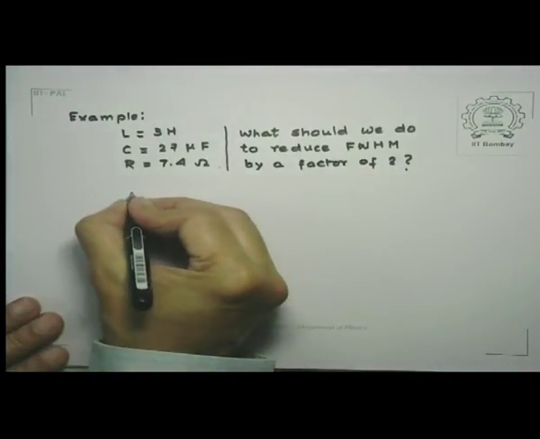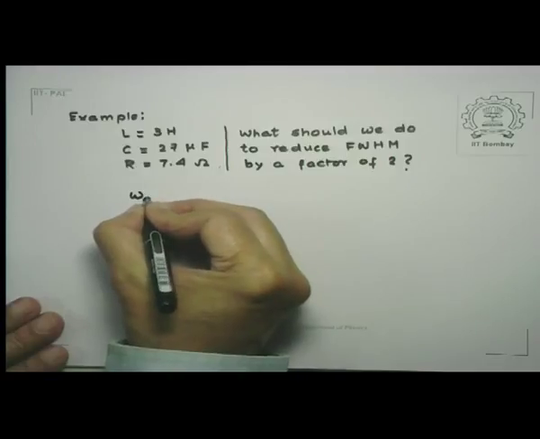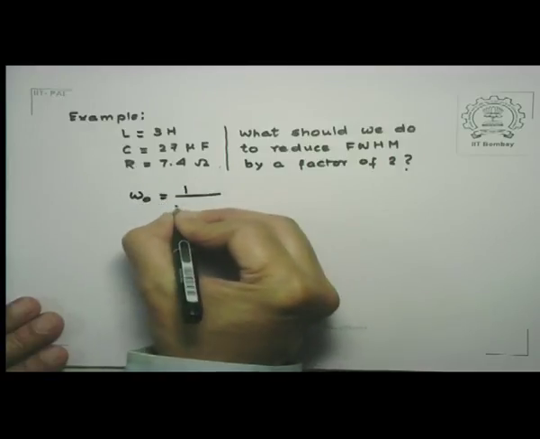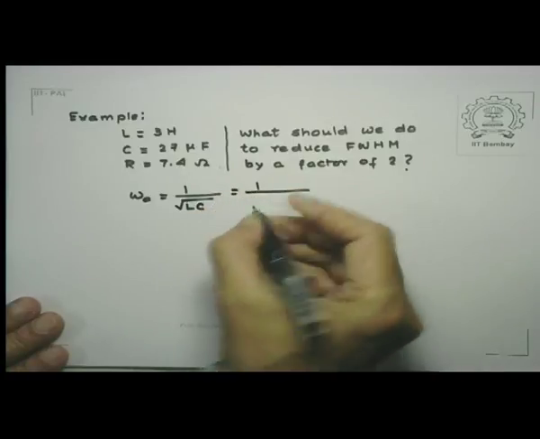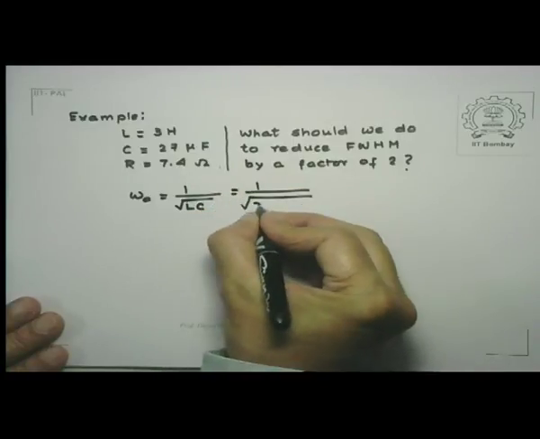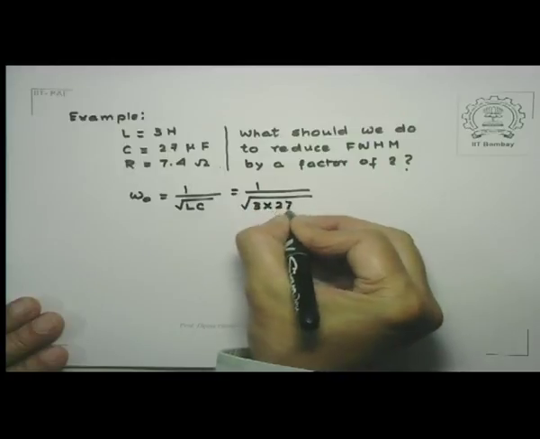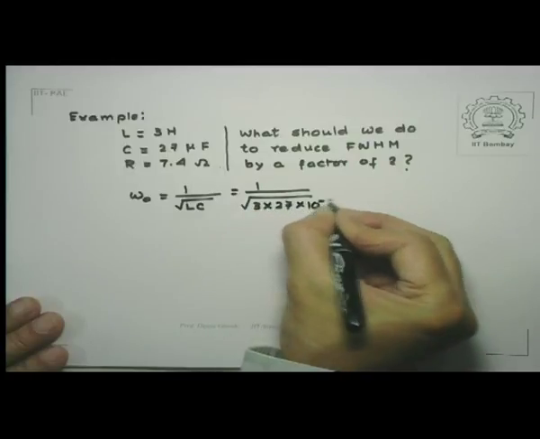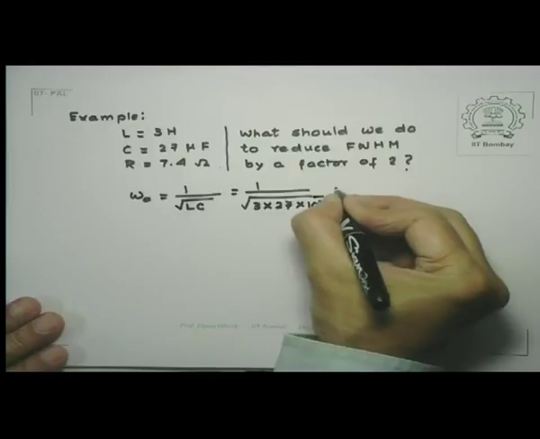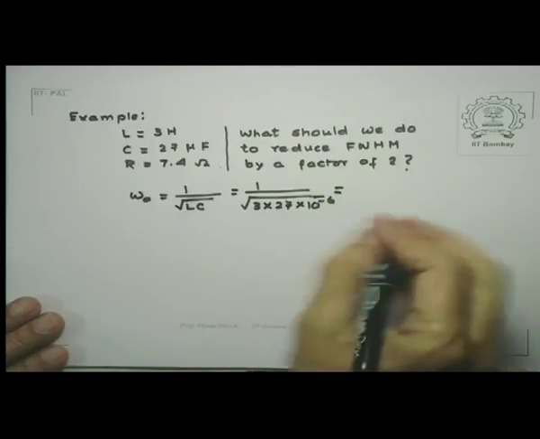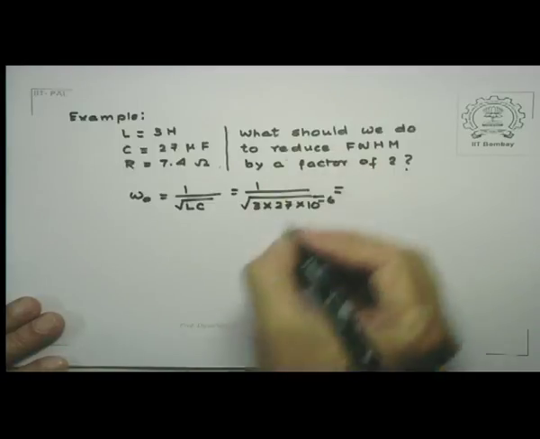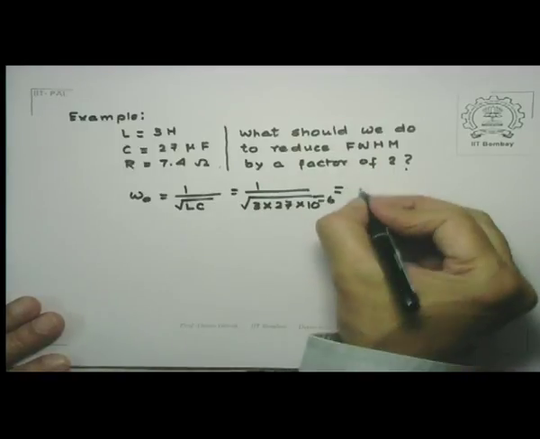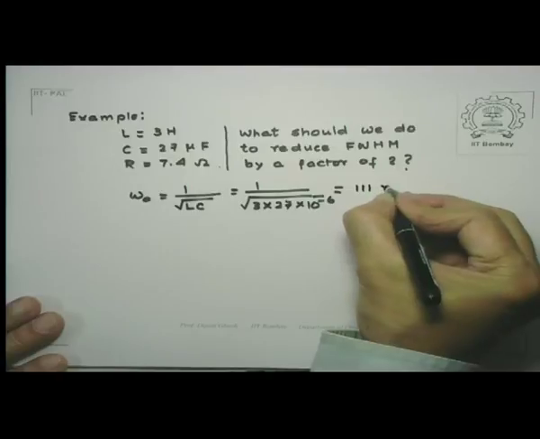Well, remember that omega 0 is 1 over square root of LC, which is 1 over, now L is 3 Henry, C is 27 into 10 to minus 6. So this is 1 over 9 in the denominator and 10 to the power 3 in the numerator. So it is 111 radian per second.